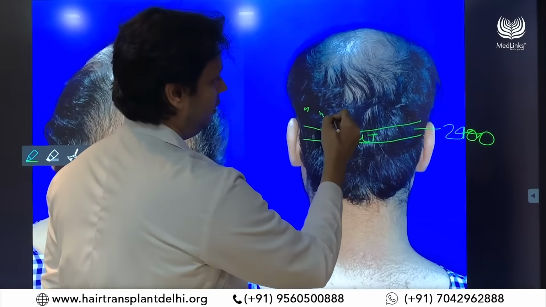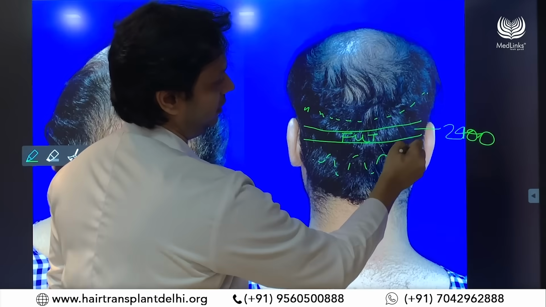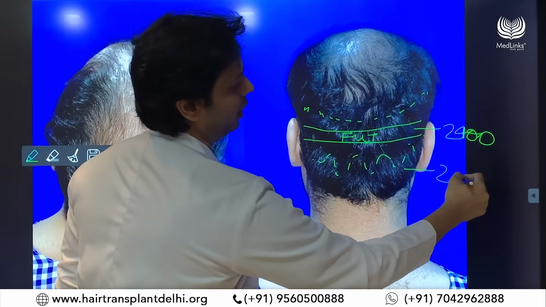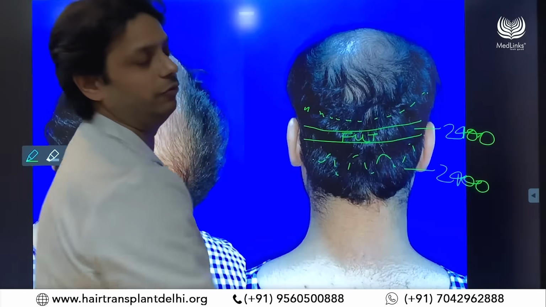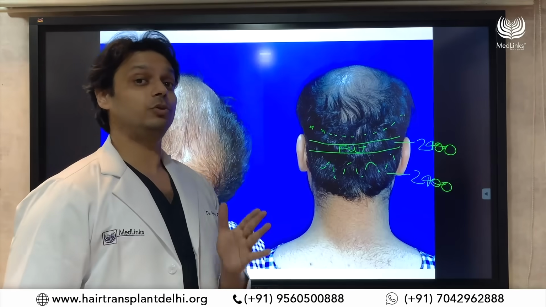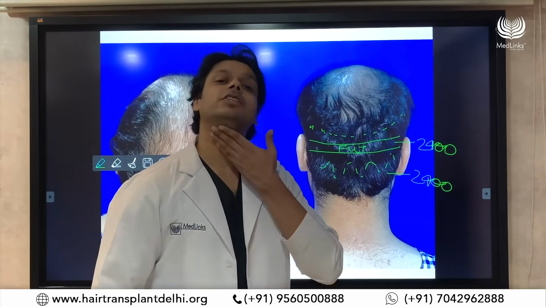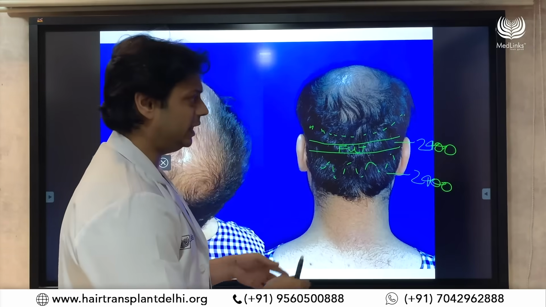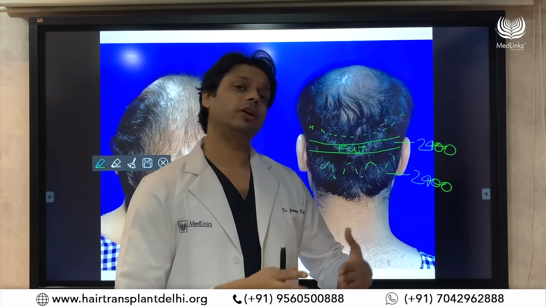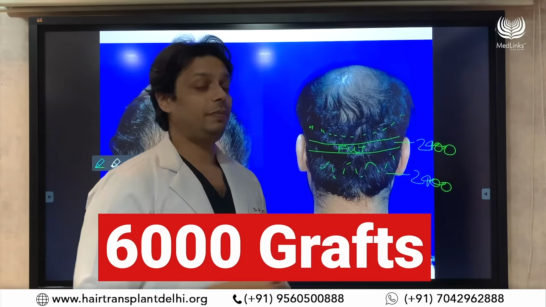We did an FUE from here, and we did an FUE from here, and we took around 2,400 grafts more. So from his scalp, in one session alone, we managed to take out approximately 4,800 grafts, and the remaining 1,200 came from this part of the beard. And thus, we succeeded in taking out around 6,000 grafts without over-harvesting the donor area. We'll show the pictures later.